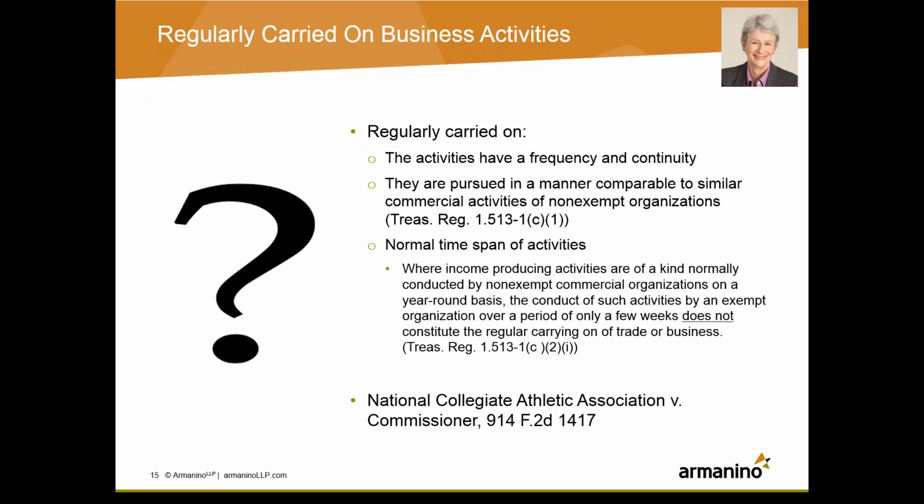So pursuant to the Treasury reg that's cited at the top of the slide, 1.513-1(c)(1), business activities ordinarily meet the regularly carried on standard if they have a frequency and continuity and are pursued in a manner comparable to similar commercial activities of non-exempt organizations.